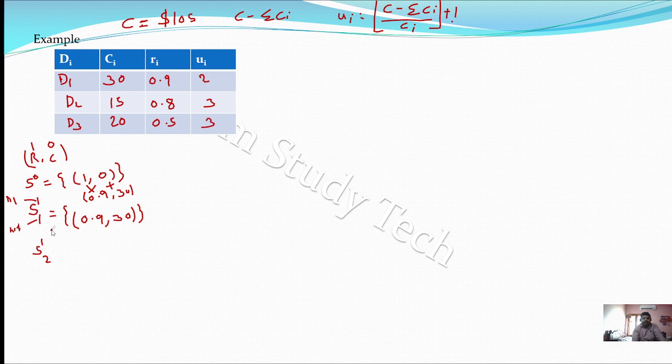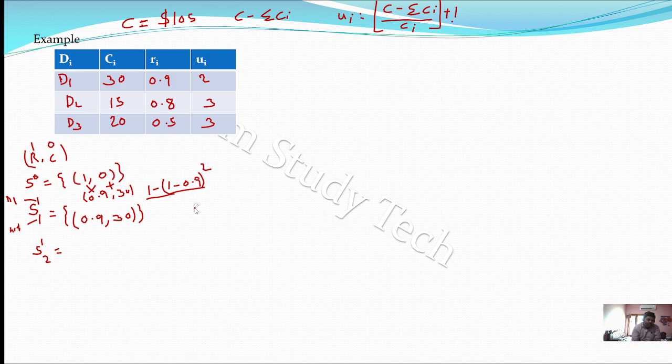One copy has reliability 0.9, so the not-working reliability of the 2 copies is 1 minus 0.9. Then you subtract that from 1 to get the working reliability, that is 1 minus (1 minus 0.9) whole square.